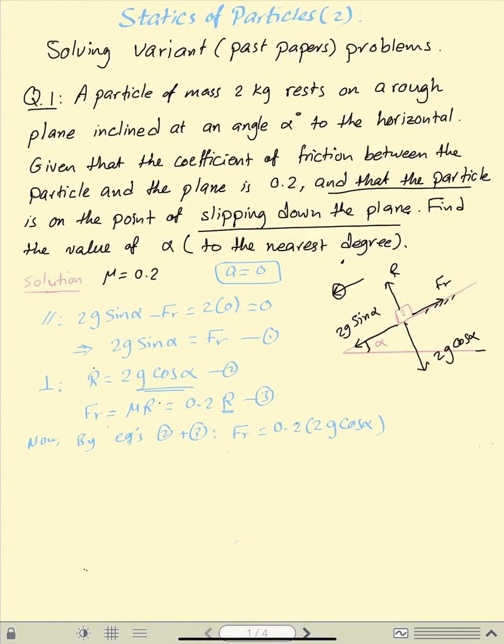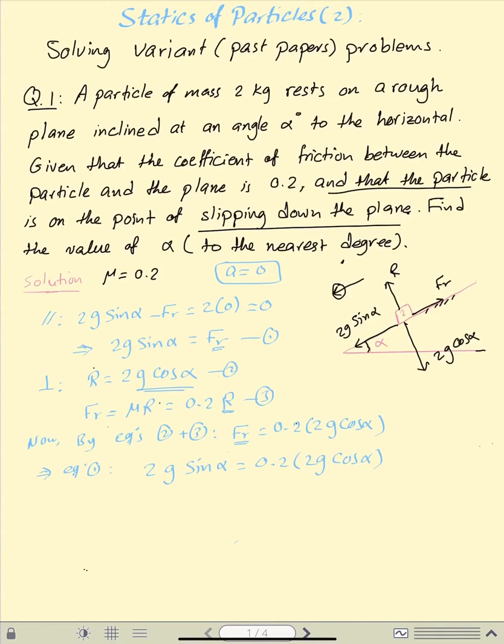Now replace Fr in equation 1. What you'll be getting is 2g sine alpha is equal to 0.2 times 2g cosine alpha. Notice we didn't see this logic in dynamics before, or rarely, but it is common here in statics.